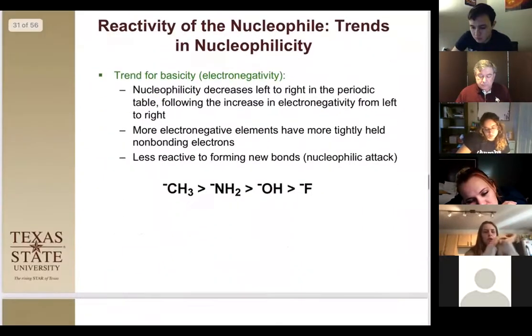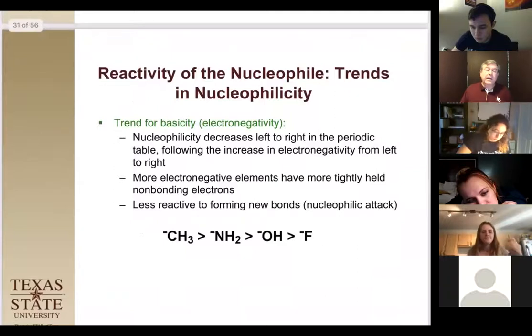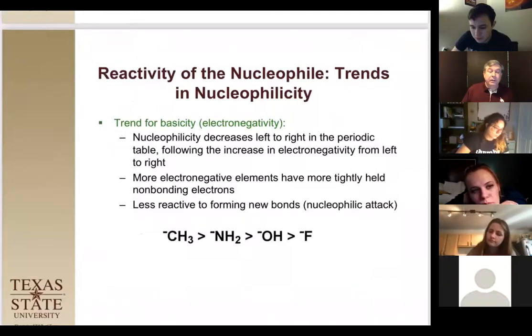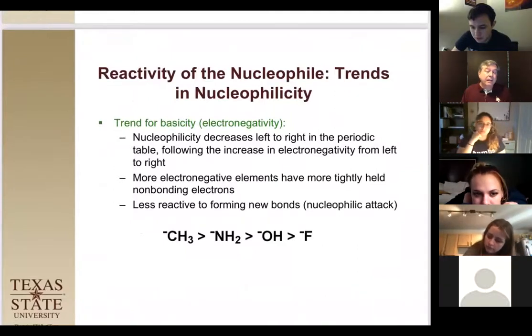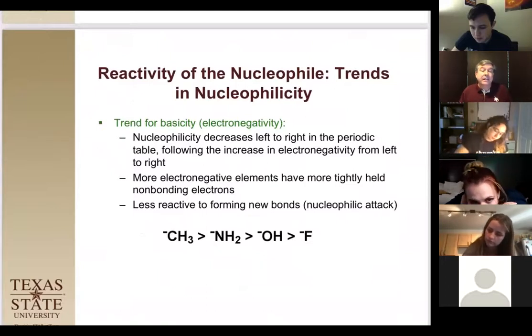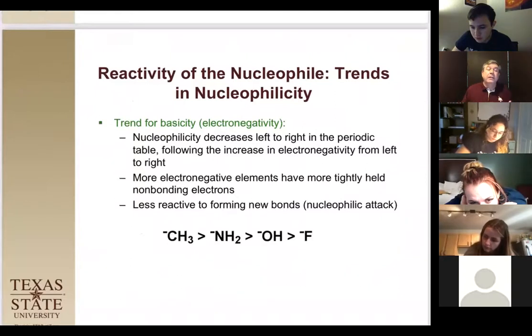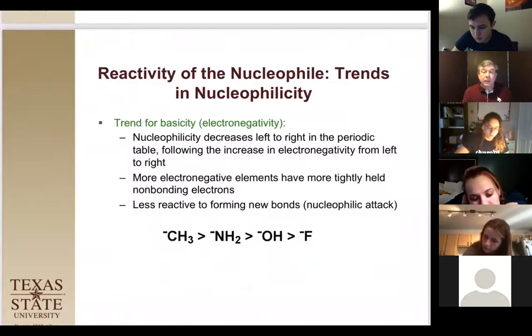The next thing we want to look at is electronegativity. The more electronegative the atom is, the less likely it is to share. In the trend across a single row, electronegativity directly correlates to nucleophilicity. The lower the electronegativity, the more nucleophilic.